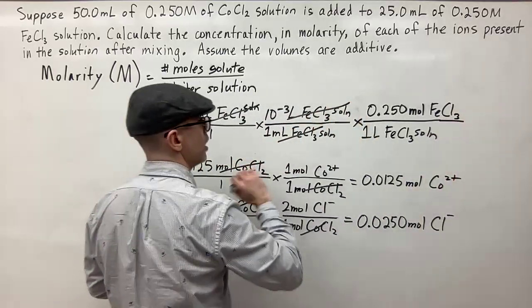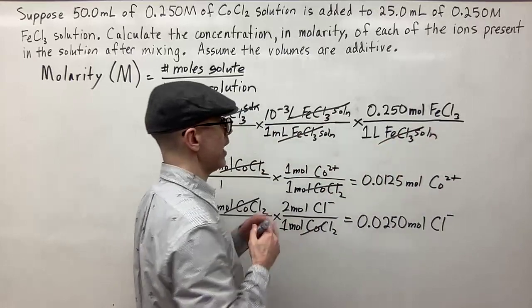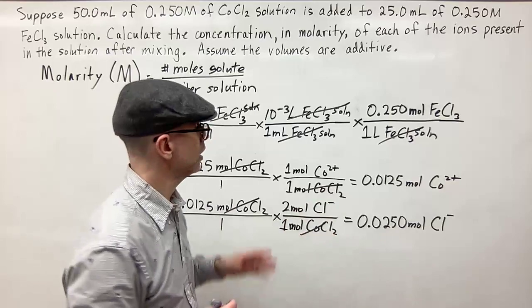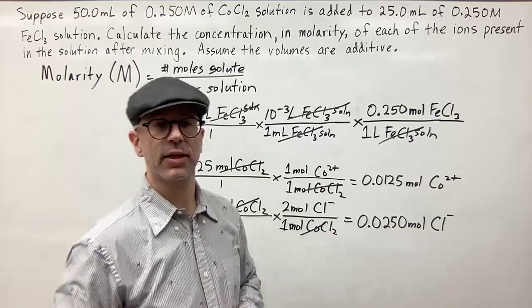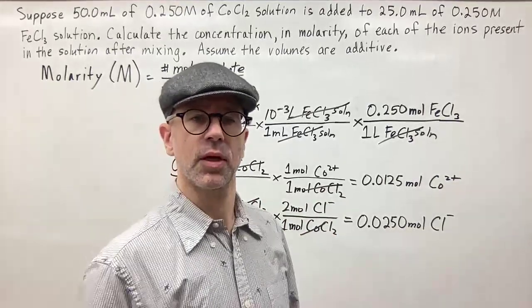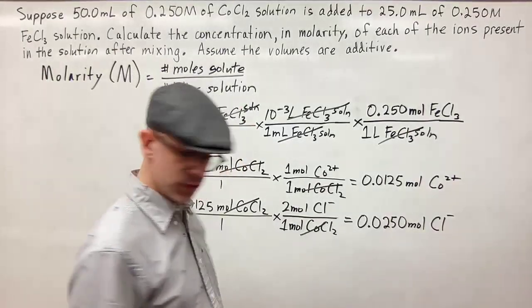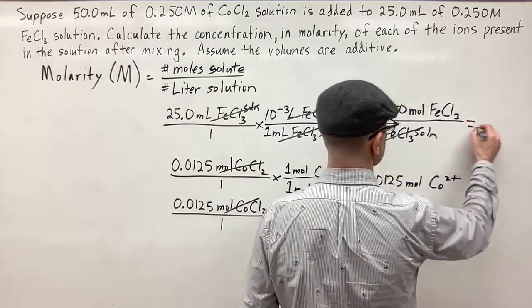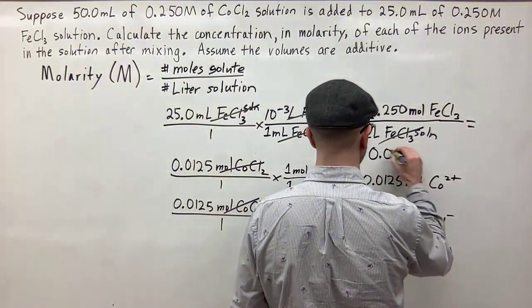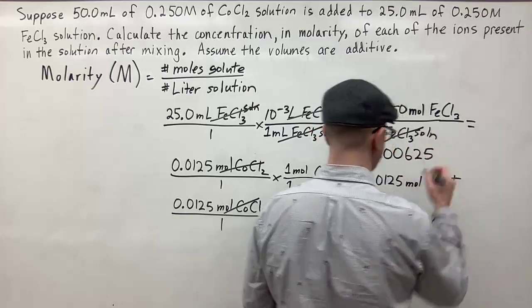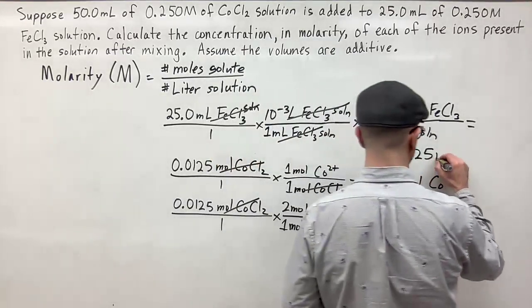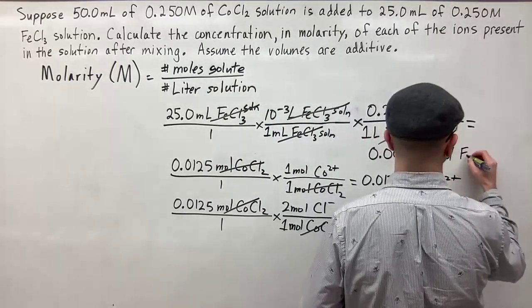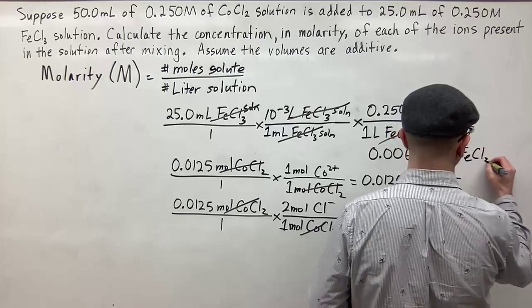So now the liters are going to cancel out. Now I have moles. So now all I need to do is calculate the number of moles of my iron 3 chloride. And when I do that, the answer is 0.00625 moles of the iron 3 chloride.